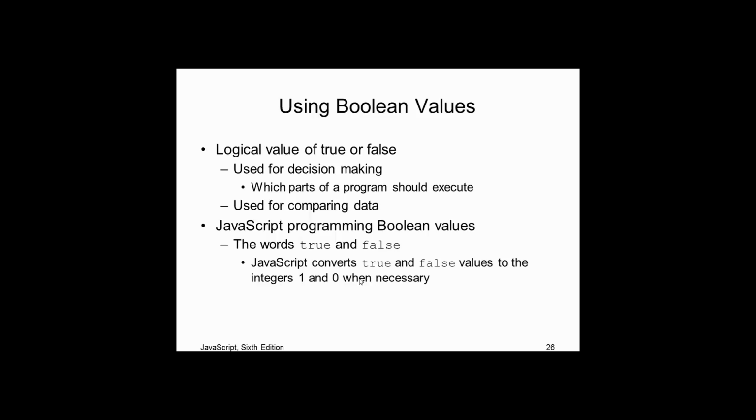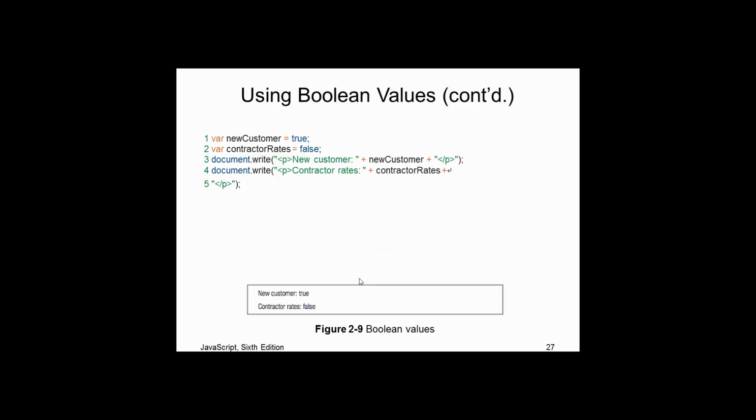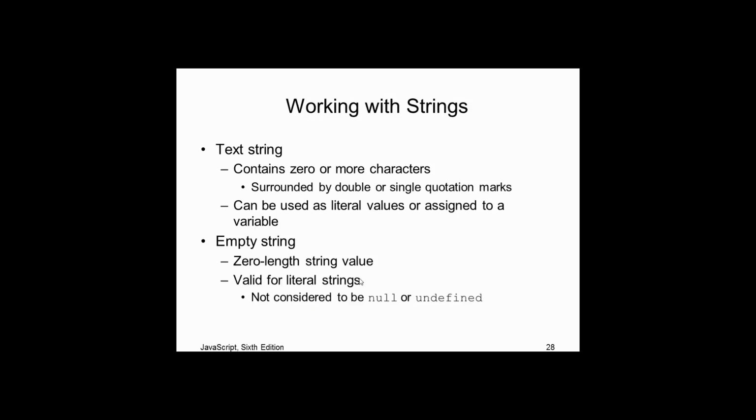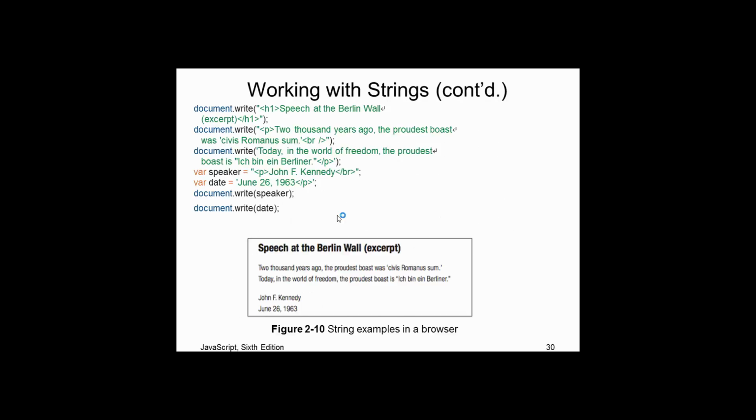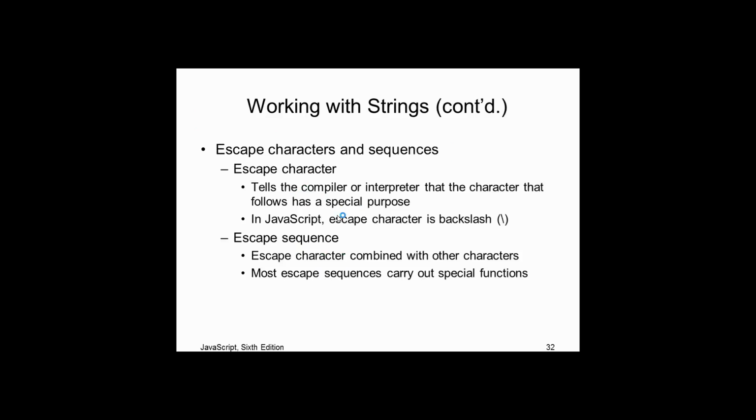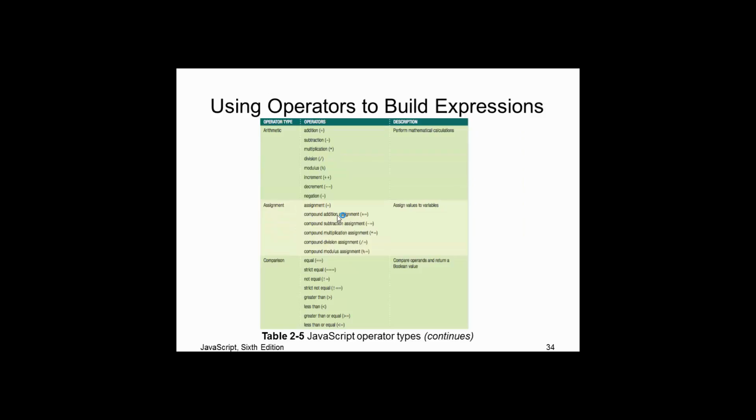Those are the two types of values that a bool can store. Here's an example of using a Boolean. And there's a whole lot of working with strings.